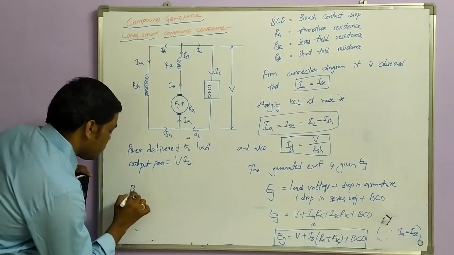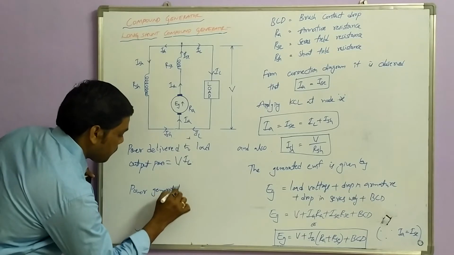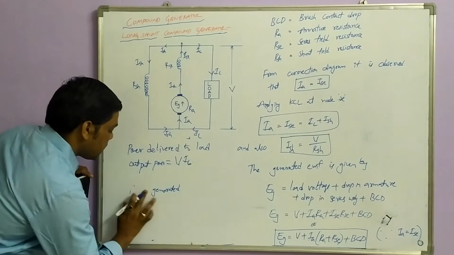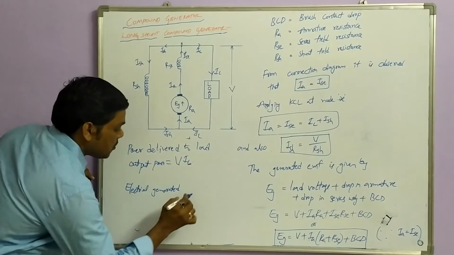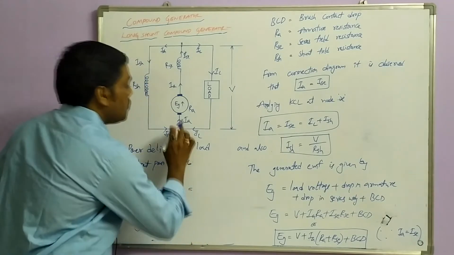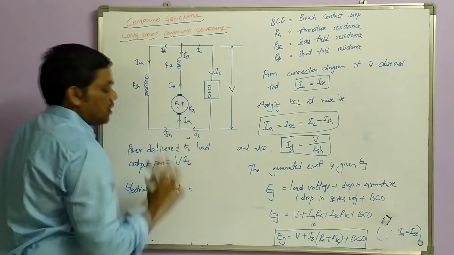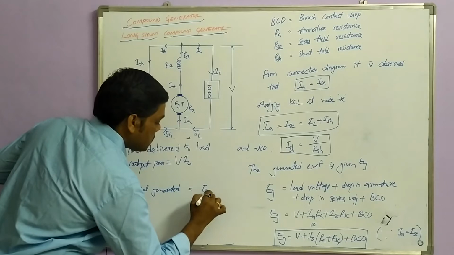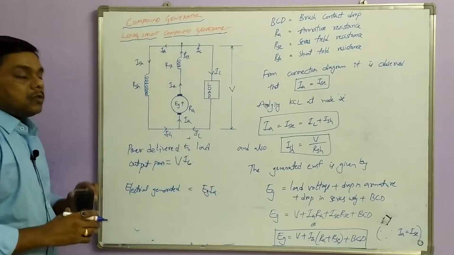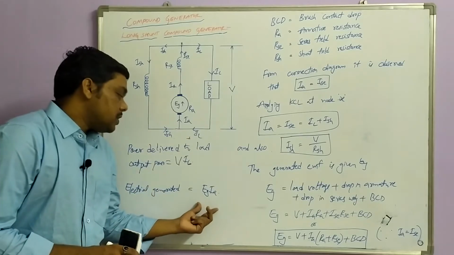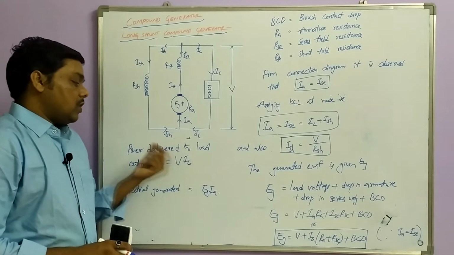Similarly, the power generated can also be called the electrical power generated. Electrical power generated is equal to the voltage in armature multiplied by the current in armature, which is nothing but EG into IA. This is the actual electrical power generated and that is the actual load output available.